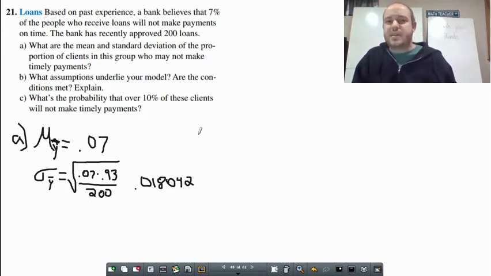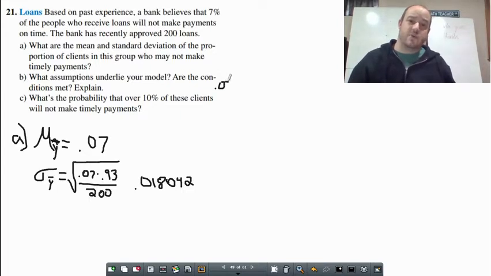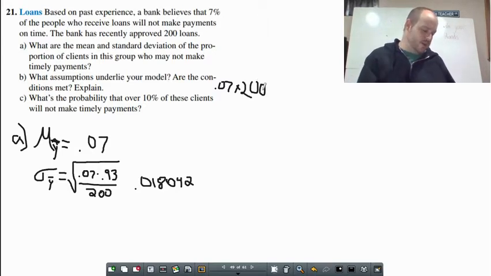The last bit is the success-fail condition. In this case, we have to be more worried about the success, since only 7% fall into that. So for the success-fail condition, we would do 0.07 times 200, and that actually gives us 14, which is larger than 10.